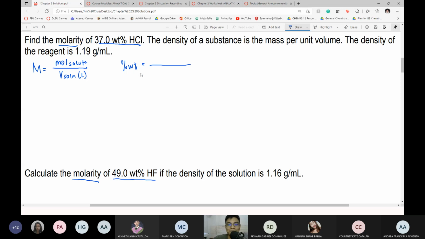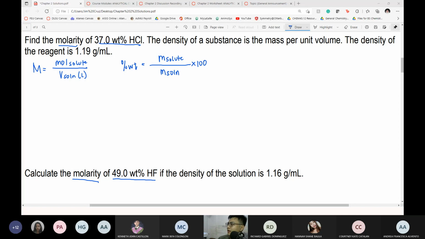Sige. Anyway, so to answer percent by weight, that is the mass of solute divided by the mass of the solution times 100%. Okay? So yan.